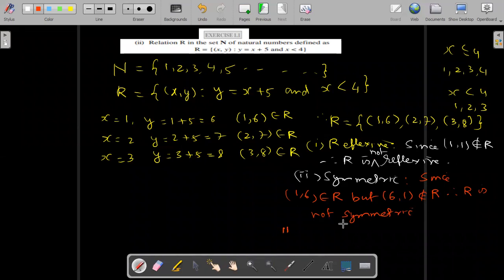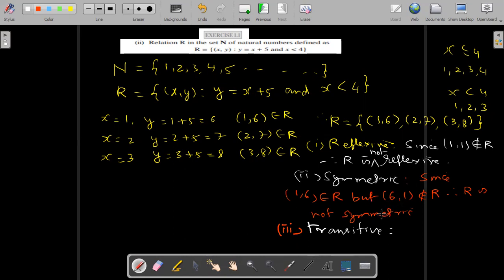Third point is transitive. So for transitive, we should have (a, b) and (b, c) belonging to R. For (1, 6), there is no (6, something); for (2, 7), there is no (7, something); for (3, 8), there is no (8, something). So we can write that there is no ordered pair in which 6 is the first element. Same in the case of (2, 7) and (3, 8).